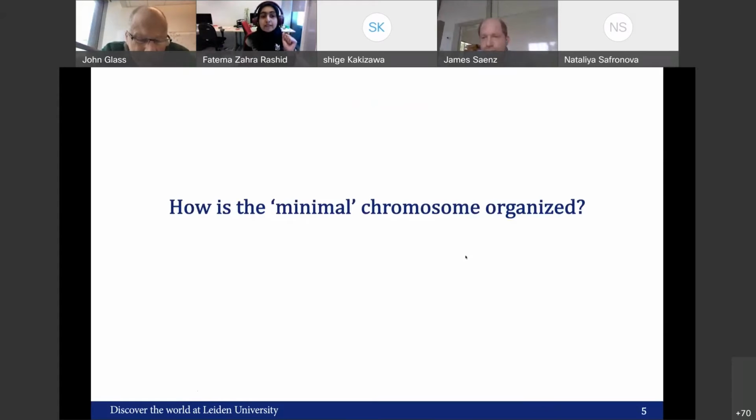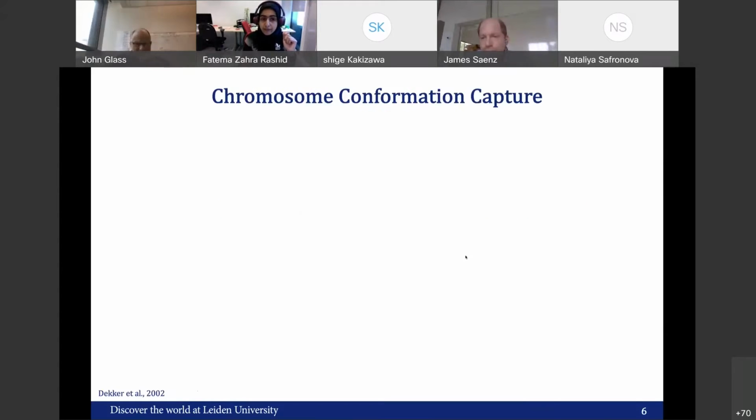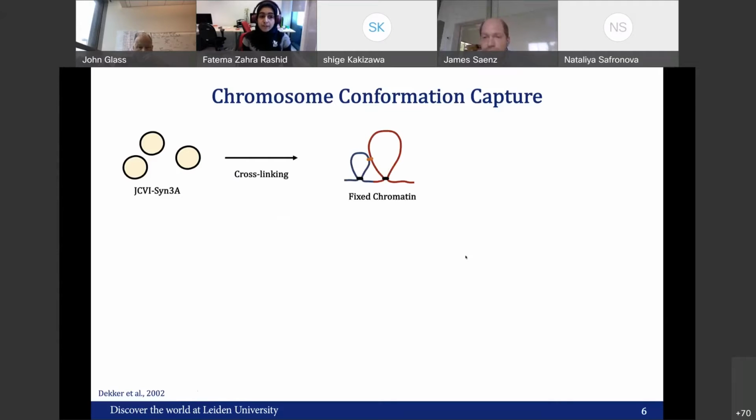To do that, we looked at the three-dimensional organization of the Syn3A chromosome, and we did that with chromosome conformation capture. So Syn3A cells in culture were first fixed with formaldehyde because this cross-links the DNA to protein and protein to proteins, and this captures a snapshot of the chromosome at a particular point in time.